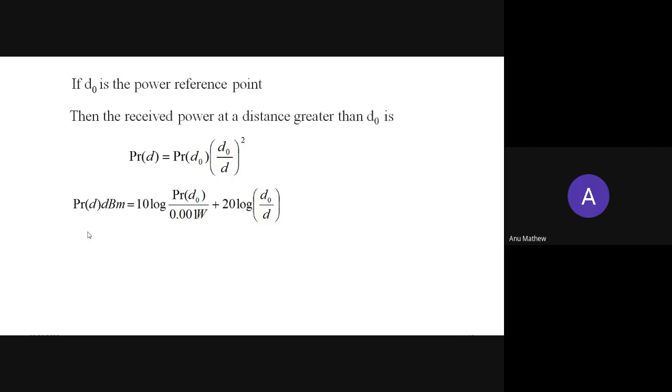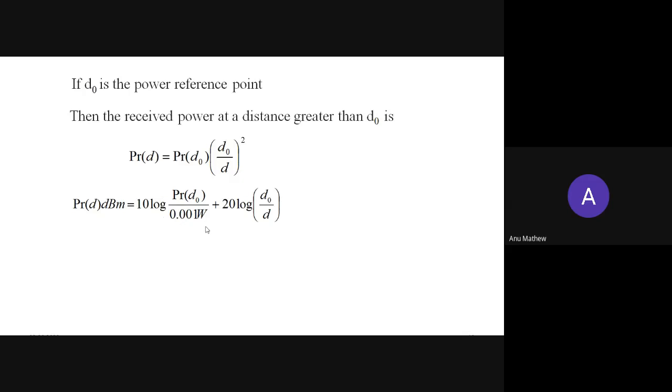Then this received power PR, represented in dBm, is equal to 10 log PR D naught divided by 0.001 watt, plus 20 log D naught by D. So this dBm corresponds to milliwatt power.